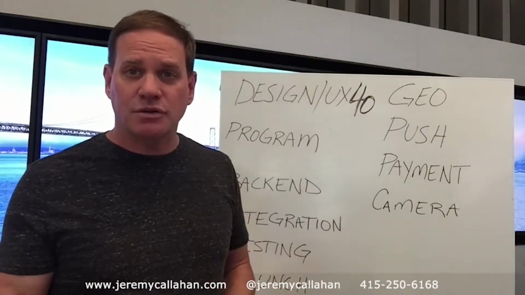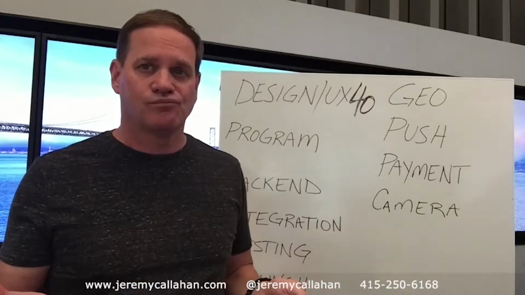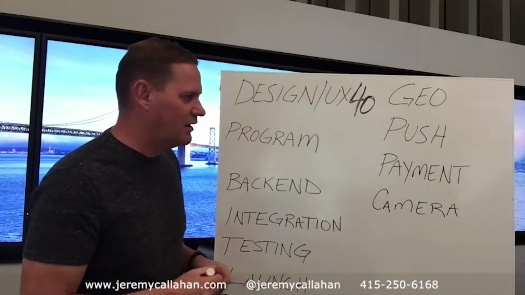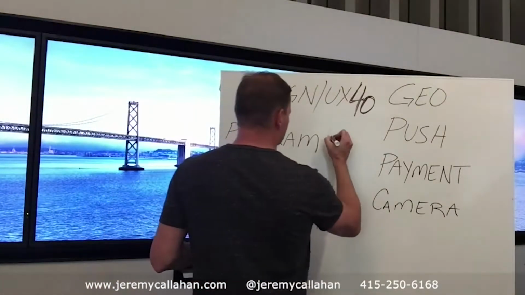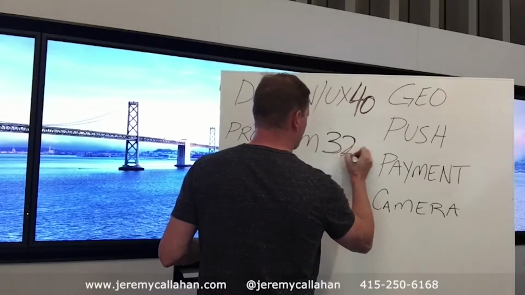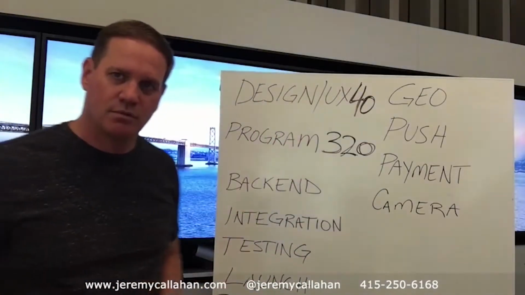I would say on average, things are taking about 6 weeks to program. Well, it's probably 8. Actually, it's 8. So 8 times 4, oh shoot. Well, let's just say 320 hours.